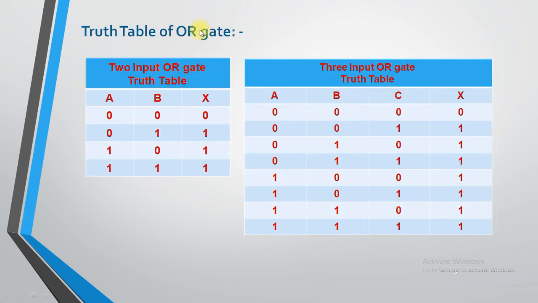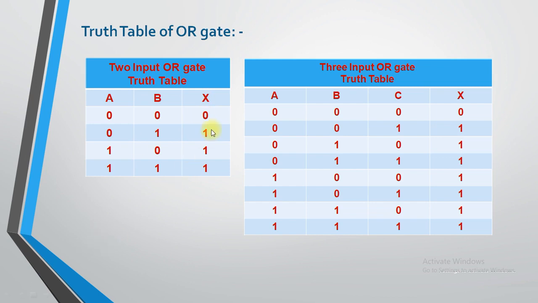I have already explained the truth table, but let me repeat it once again. I have taken 2 types of truth table. One is for the 2 input OR gate, and the other is for the 3 input OR gate. In the 2 input OR gate, the output variable x is 0 only if both input variables are 0.